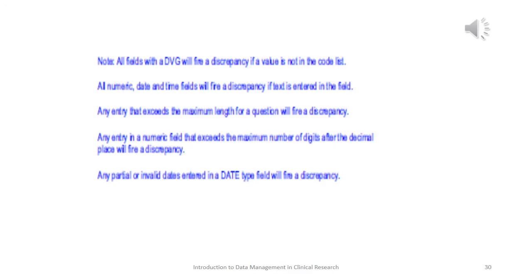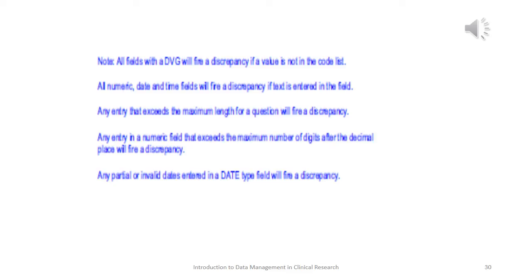The first note there says, all fields with a DVG will fire a discrepancy if a value is not in the code list. So a DVG is a discrete value group. What that means is that there's going to be some type of little pull down menu for that particular data element.